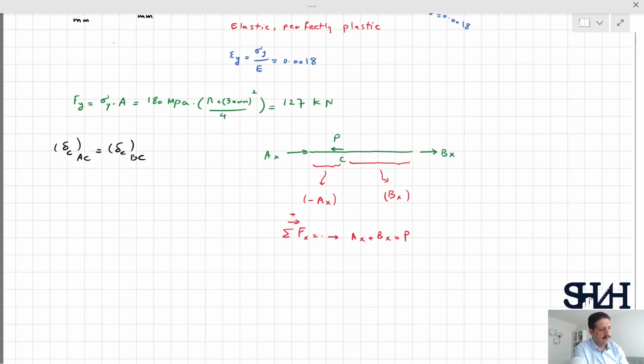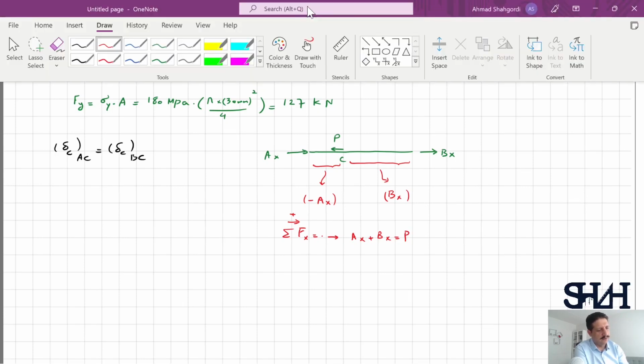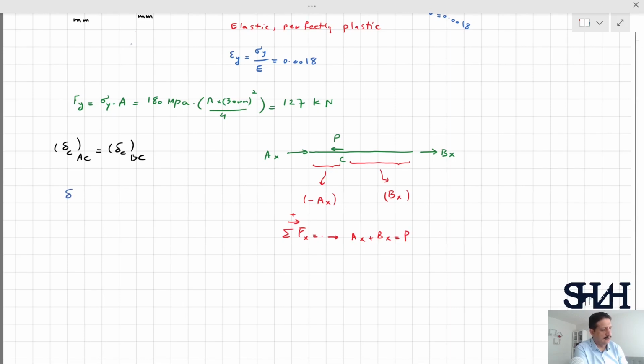So the compatibility equation, which is delta at point C, is the absolute value. It means that AC is shortening and CB is elongated. So as a result, we can write delta from the elastic equation FL over AE.